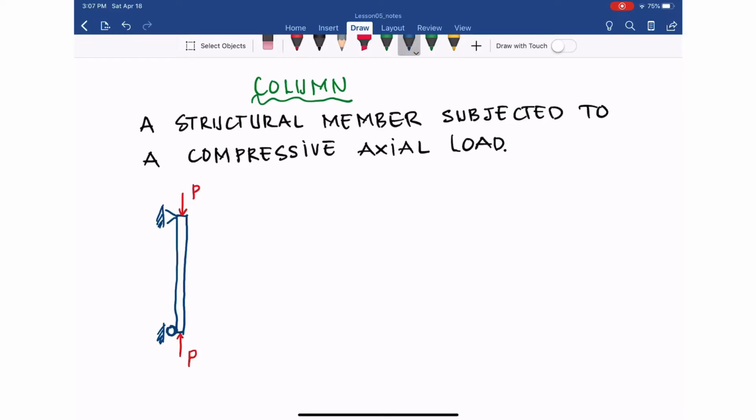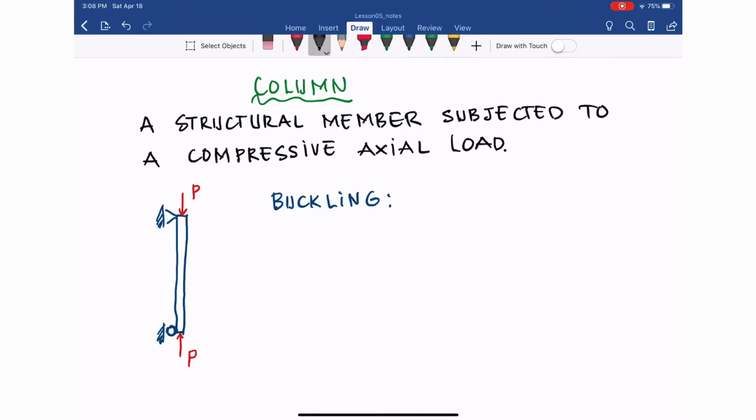With that type of load, for that type of structure, which is a column, there is one failure that we call buckling. So let's define buckling. What is buckling?